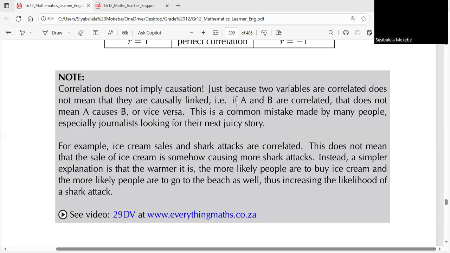For example, ice cream sales and shark attacks are correlated. This does not mean that the sale of ice cream is somehow causing more shark attacks. Instead, a simpler explanation is that the warmer it is, the more likely people are to buy ice cream and the more likely people are to go to the beach as well, thus increasing the likelihood of a shark attack.